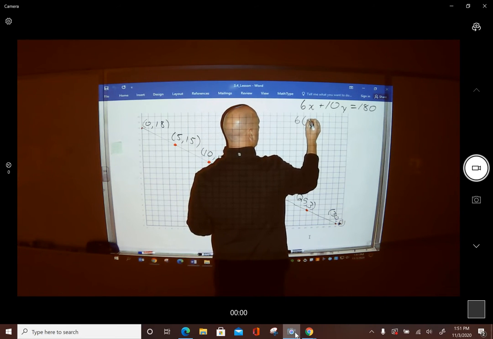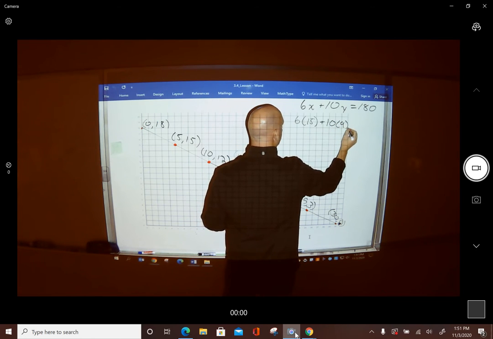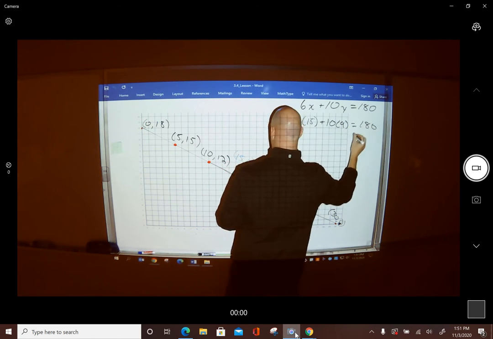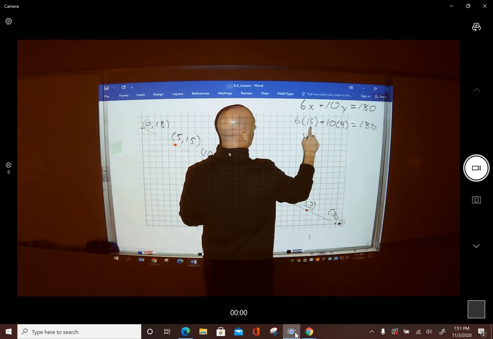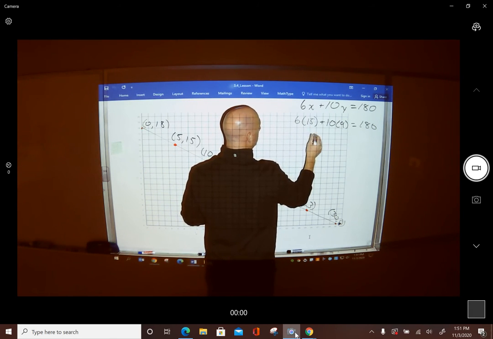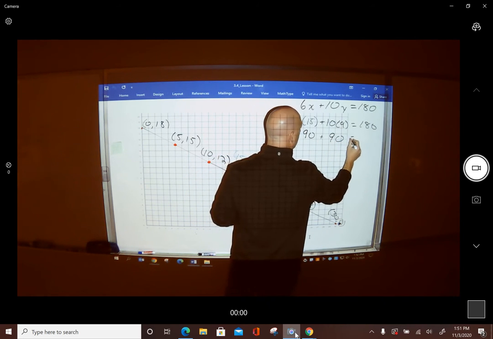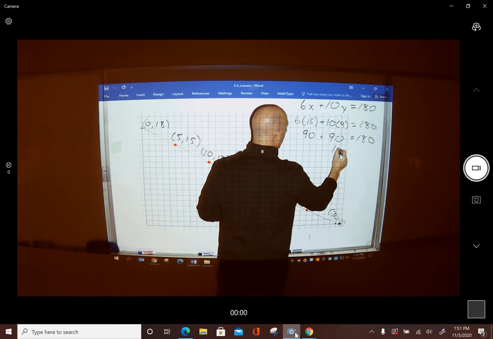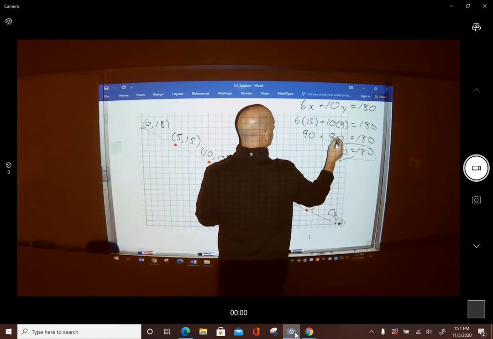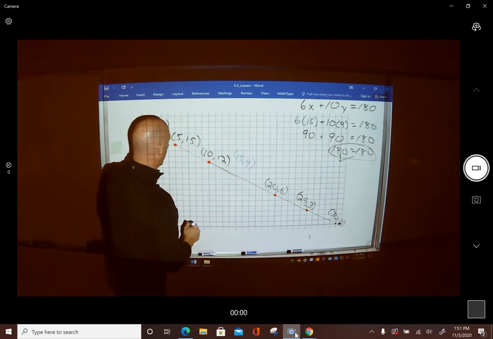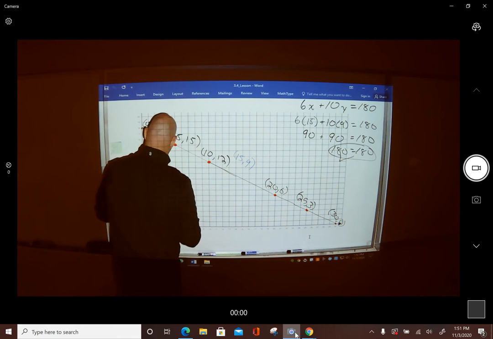So 6 times 15 plus 10 times 9 would have to equal 180 for this point to be on our line. So 6 times 15, that is 90. 10 times 9 is 90. 90 plus 90 is 180. So since that is true, that point must have been on our line. So (15, 9) is another point on our line.